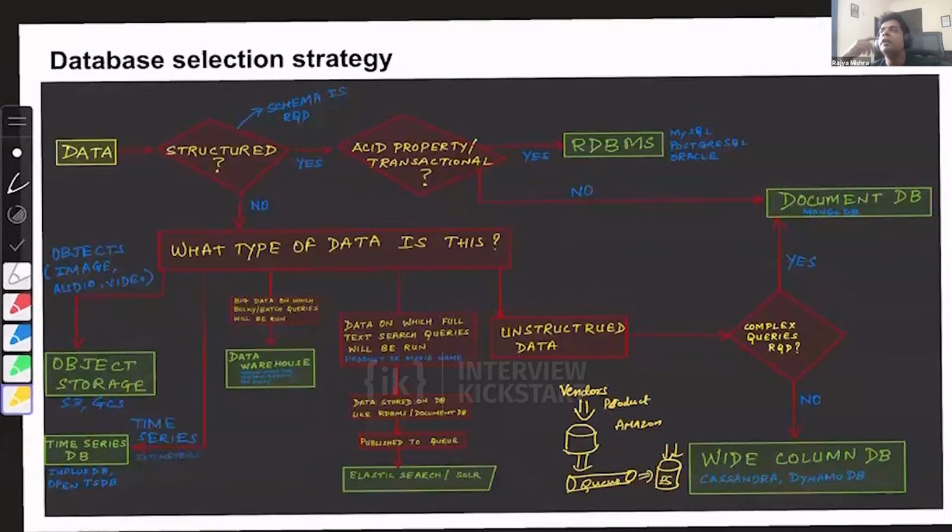But let's say the requirement also says that there could be some kind of shared badges. Let's say the IT team has a shared badge, or the temporary employees or guests have a shared badge. In that case, multiple people could be swiping their badge at the same place, and it becomes a very complex use case, right?